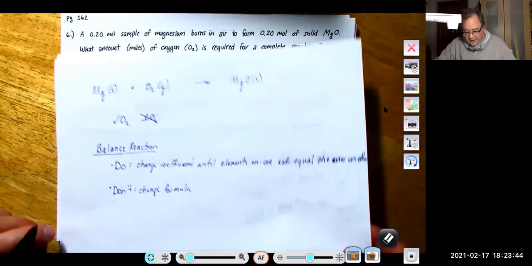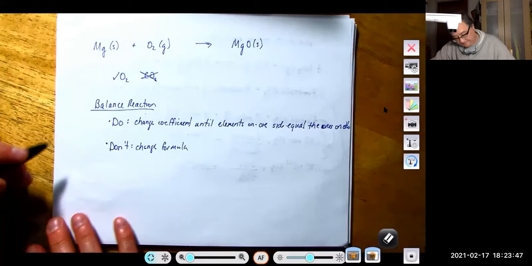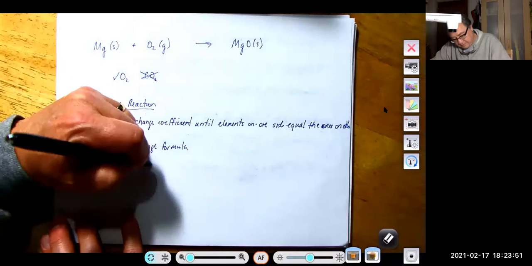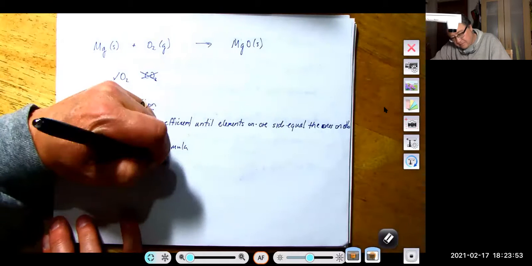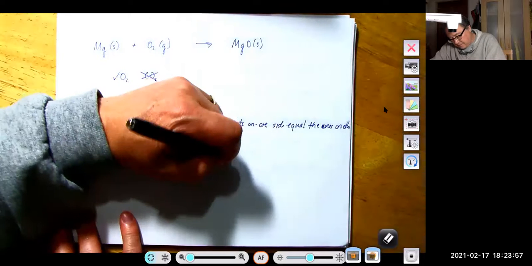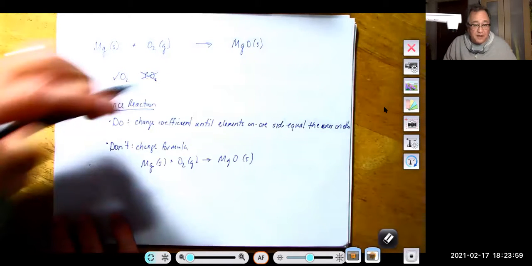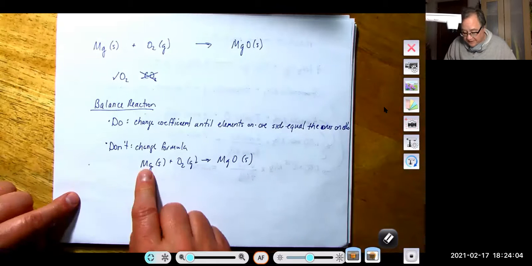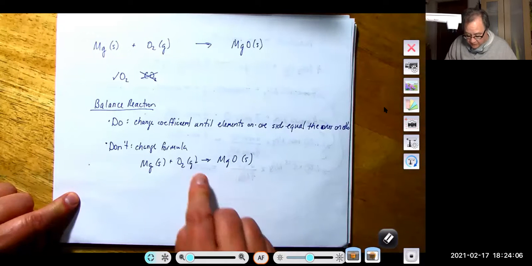So when we look at this reaction, here's the don't. Here's the reaction from above. I want to make sure that the number of magnesiums on the left equal the number of magnesiums on the right of the arrow.